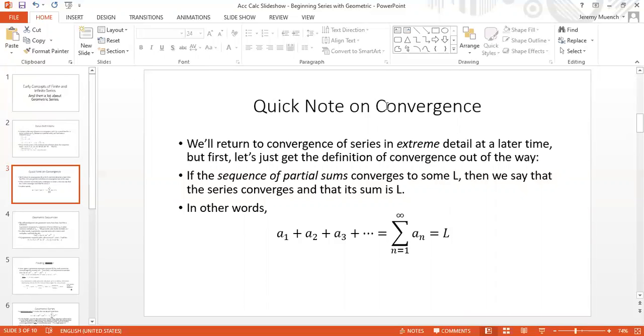So we are going to be talking about convergence in extreme detail later on, so we're not going to go into it very much here. We're instead going to focus on geometric series and the convergence thereof, because it's much nicer and easier and more obvious.